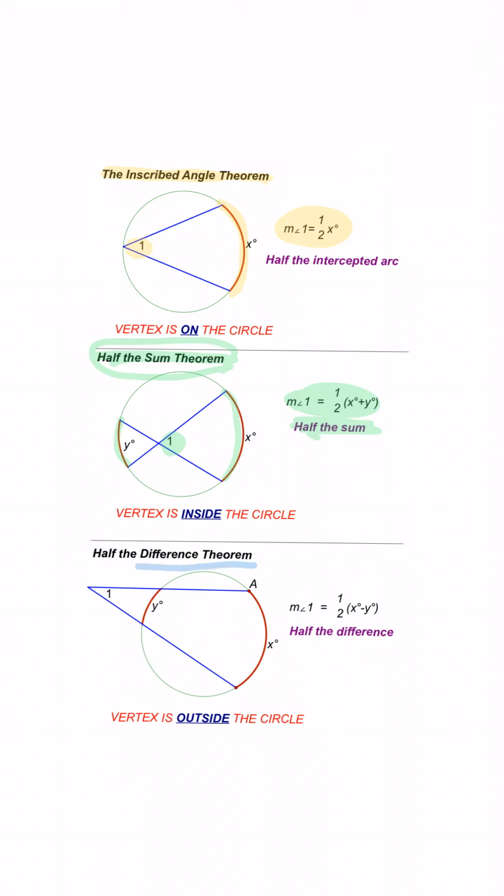And finally, half the difference theorem, which states that if an angle is formed outside the circle, then it intercepts the circle in two arcs, x degrees, the big one, and y degrees, the smaller one, and measurement of angle 1 is 1/2 x degrees minus y degrees.